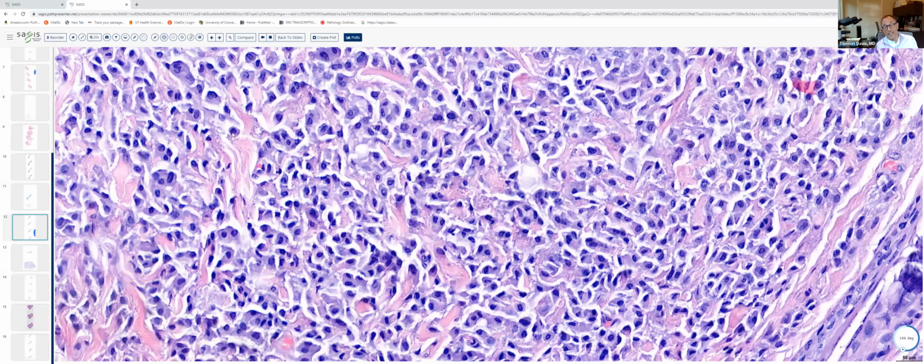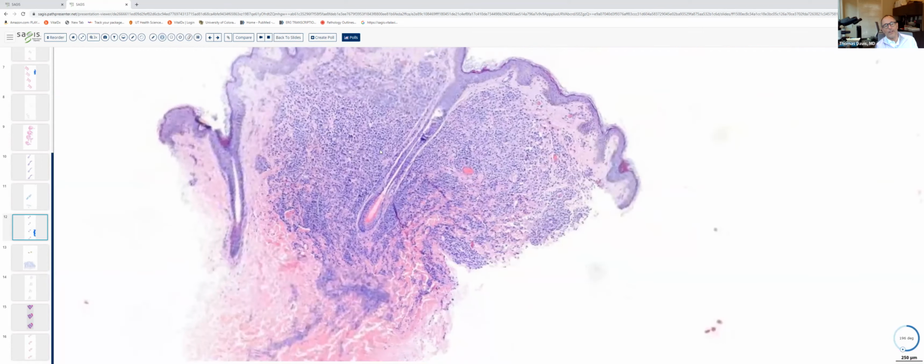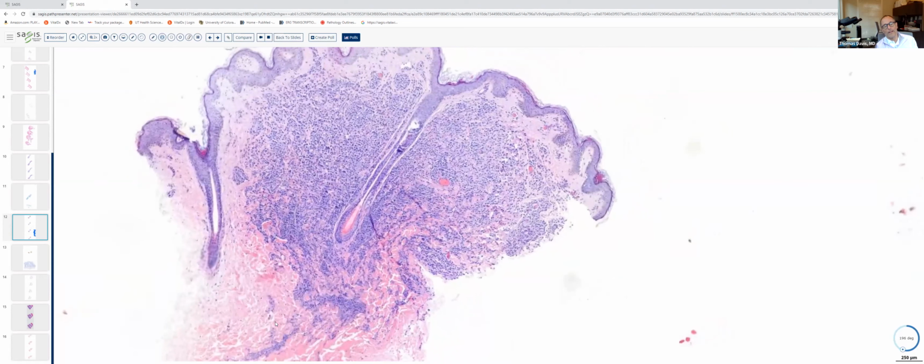One is going to see either notched or grooved or reniform nuclei. If you take a look here, these nuclei are all round to oval and located in the central portion of the cell. Again, this uniformity of the infiltrate is very characteristic of a mastocytoma or mast cell disease, but it does bear striking similarity to a melanocytic nevus.